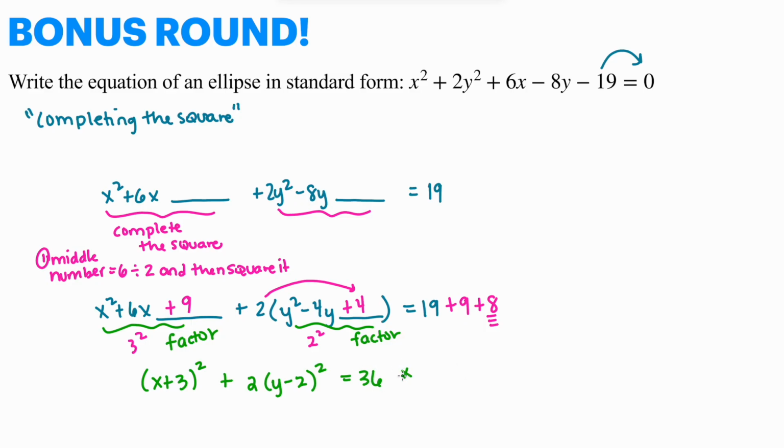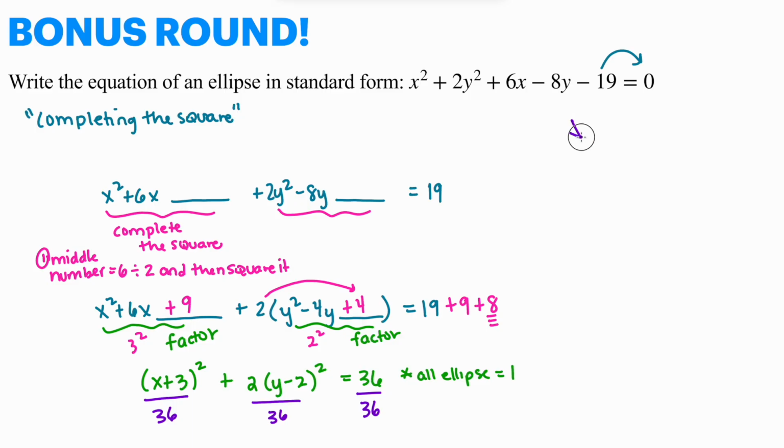Now, all ellipses have to be equal to 1. So therefore, I am now going to divide everything by 36 in order for it to be equal to 1.